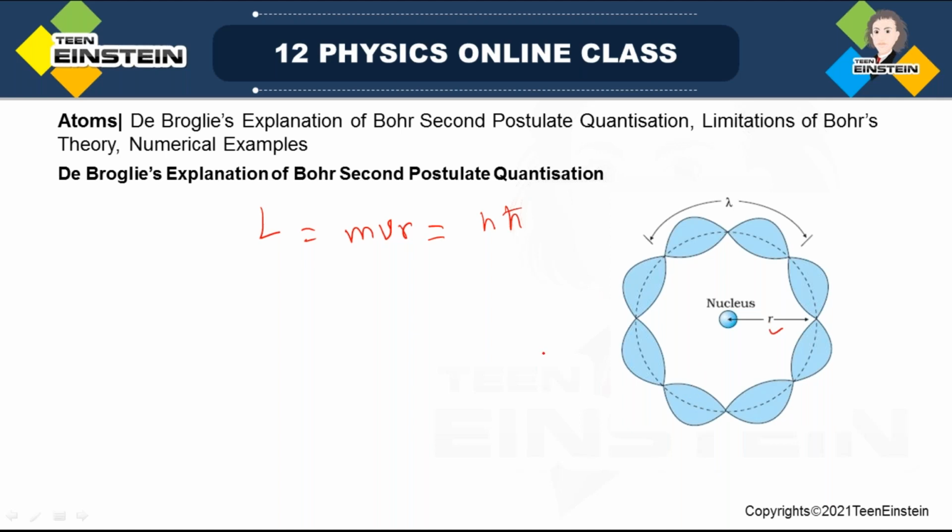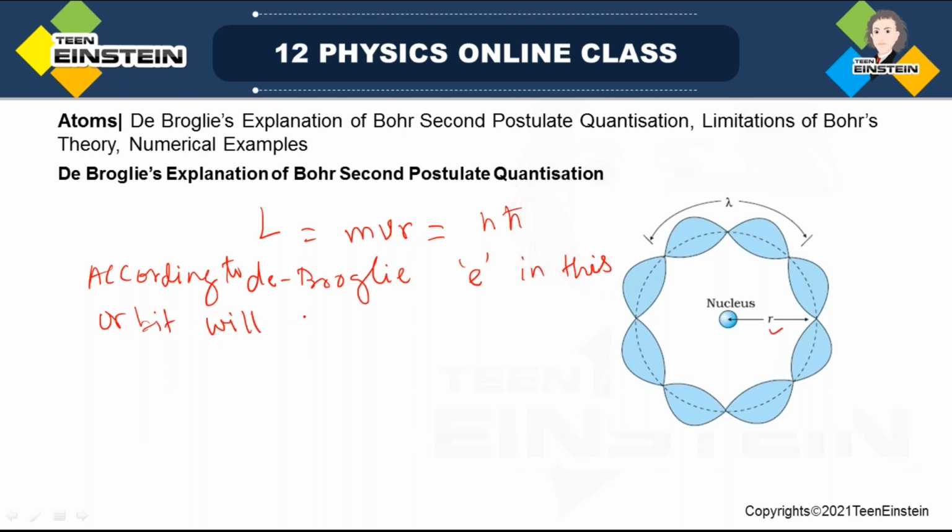Hence this circular orbit can be taken as a stationary state only if, according to de-Broglie, the electron in this orbit is associated with wave character.